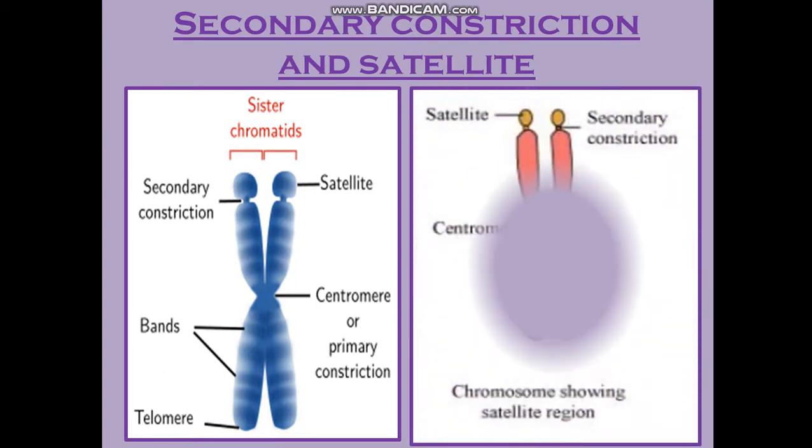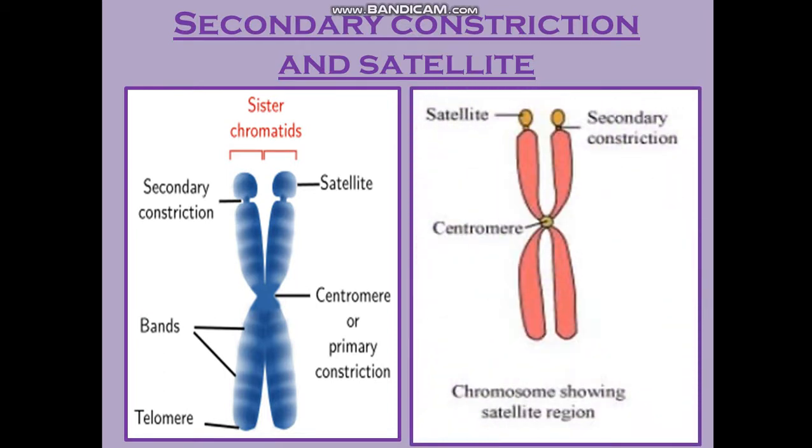Another diagram for the secondary constriction you can see over here, and here also the secondary constriction is seen, and after the secondary constriction the region of the chromosome is called the satellite, because it is a small knob-like portion coming out from the secondary constriction, so we call it the satellite. Clear? In these two diagrams you can clearly see the secondary constrictions and the satellite present.